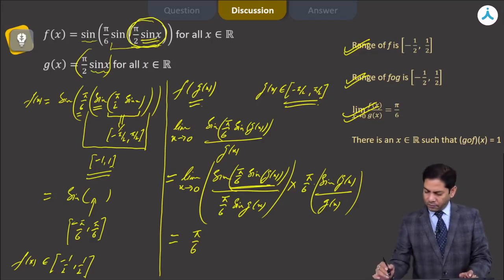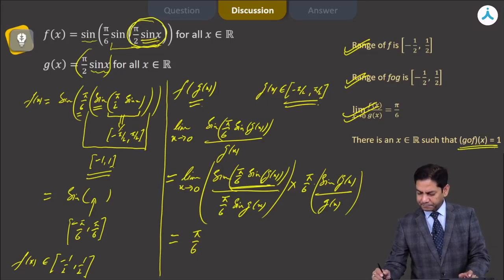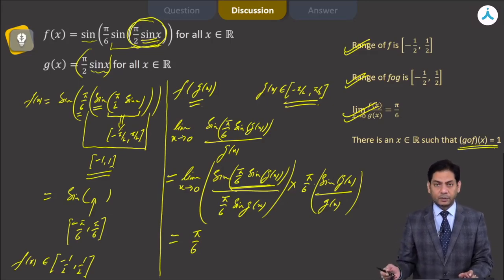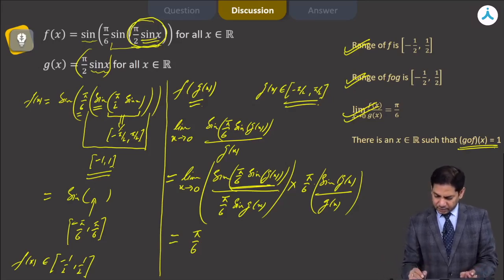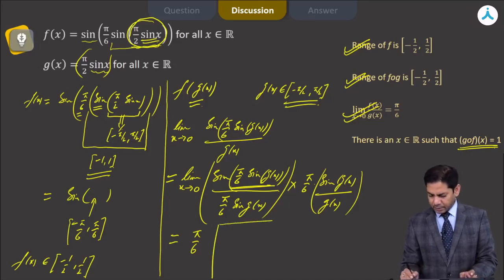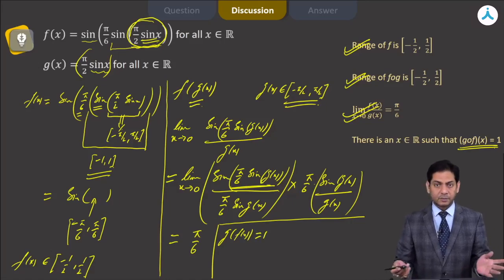Now we are left with this one. g of f of x is equal to 1, whether such x exists or not. That is the question. Let's write this as g of f of x equal to 1. That's what we want to find, whether it is possible for some value of x or not.